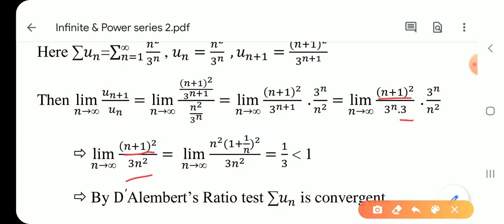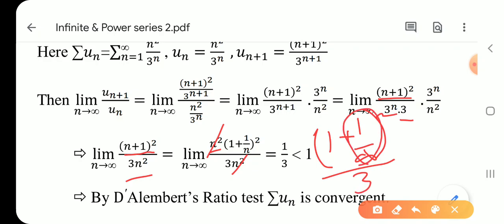From the numerator I have taken n square, so that inside the bracket we get 1 plus 1 by n whole square, and denominator is 3n square. Again n square cancels. When you apply the value of n as n tends to infinity, it becomes 1 plus 1 by infinity whole square by 3. 1 by infinity is 0. So 1 plus 0 whole square is 1.